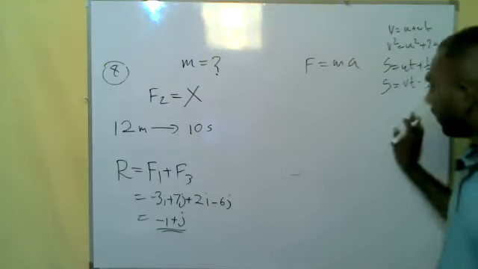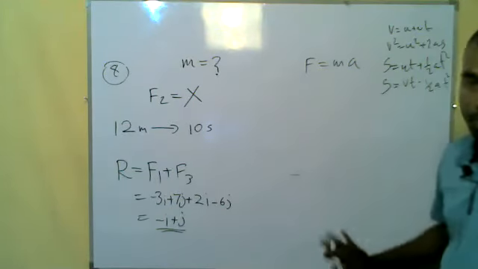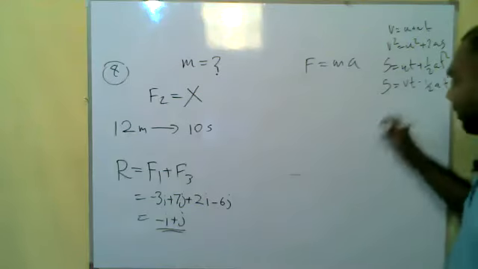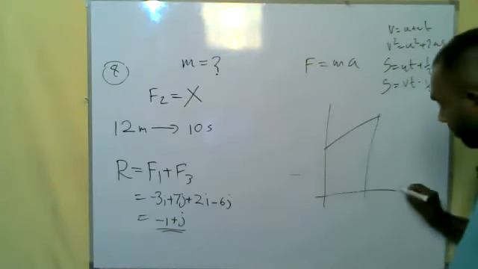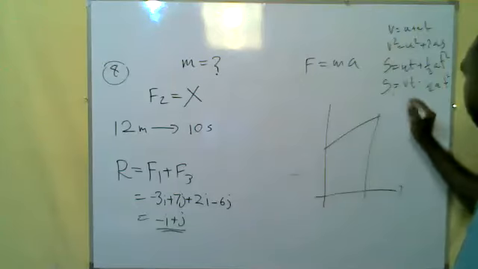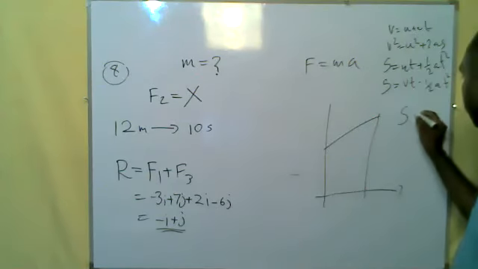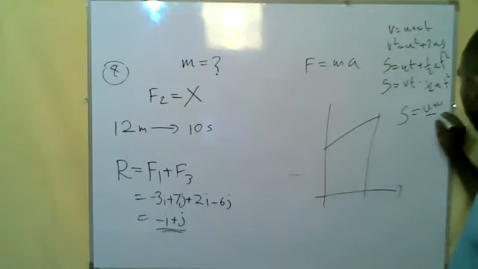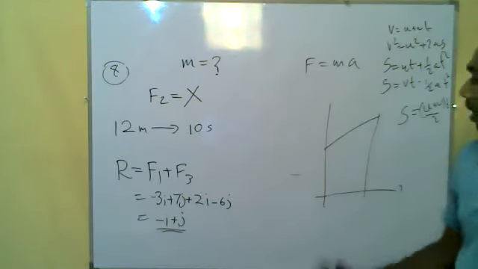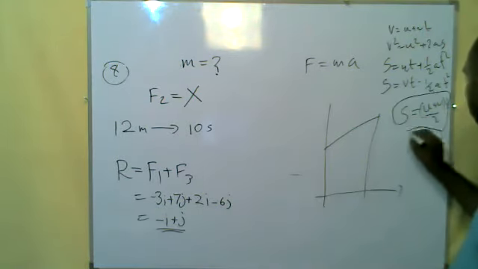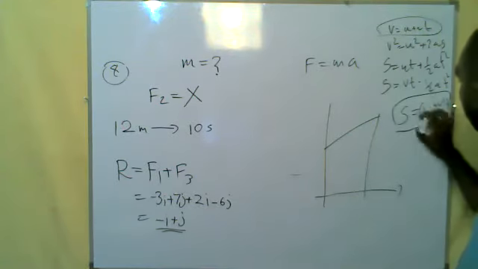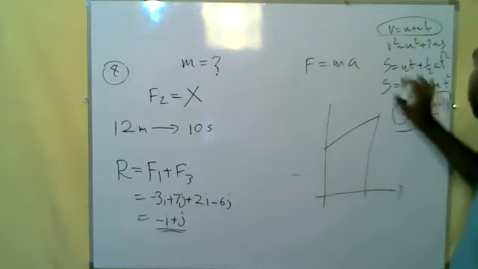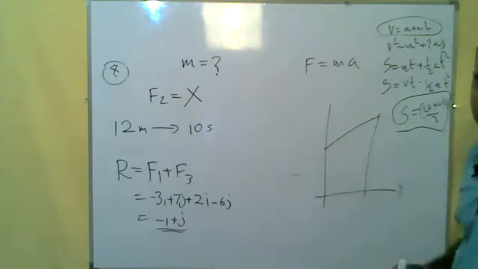And actually it's better if you can remember how we proved these equations, by drawing a velocity-time graph and how we derived this. Actually there was another equation, S equals (u plus v) divided by 2 times t. How we derived this first equation, this equation and this equation, and using those equations the other three equations are built.